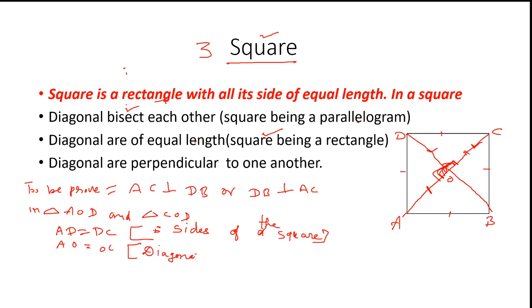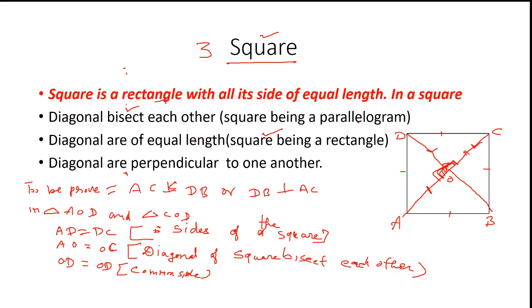Diagonals of a square bisect each other. Now OD is equal to OD, कॉमन साइड है.